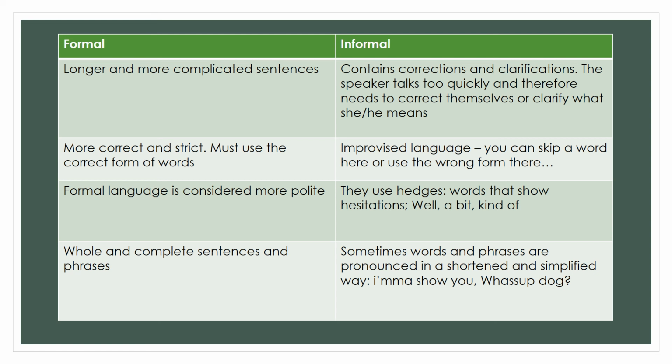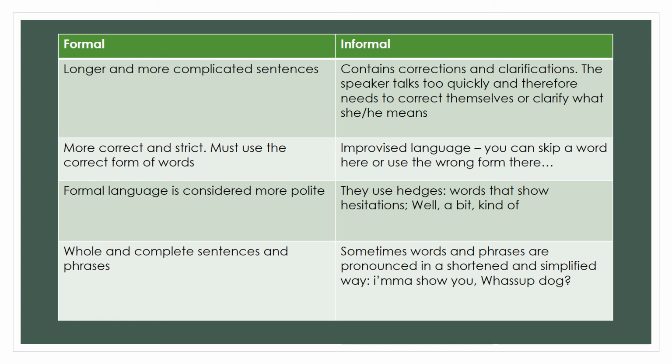Formal language is more correct and strict, and here you really need to use the correct form of words, which you don't have to do in informal language, but it is really important that you do it when you're talking with a formal tone. Formal language is considered more polite, and that is another reason why you are using it when you're talking to strangers or people that you're not really comfortable with.